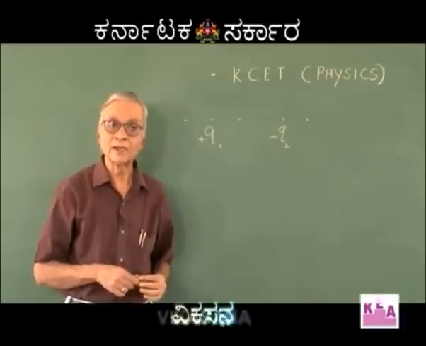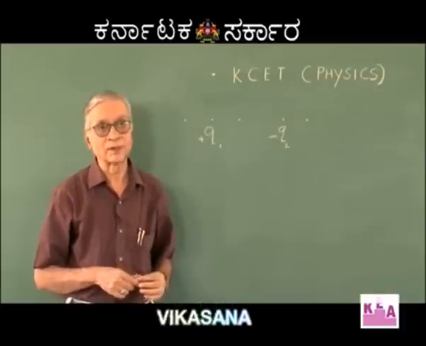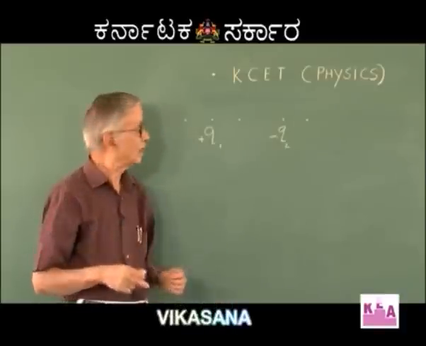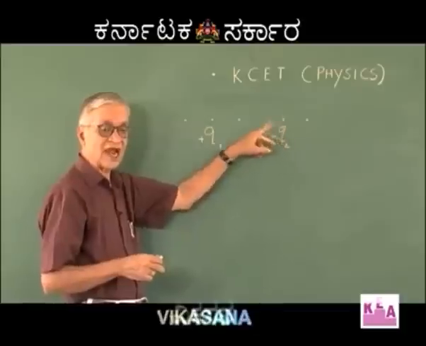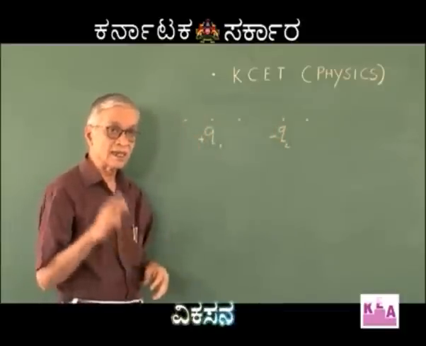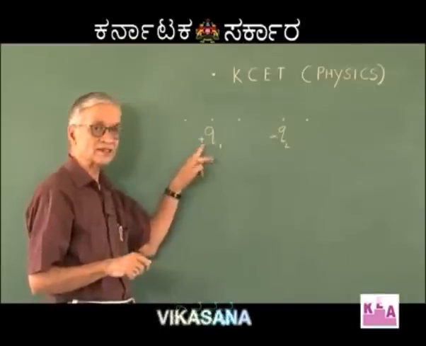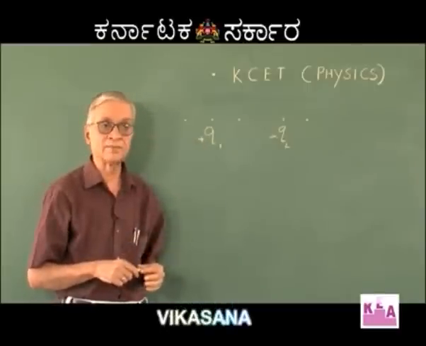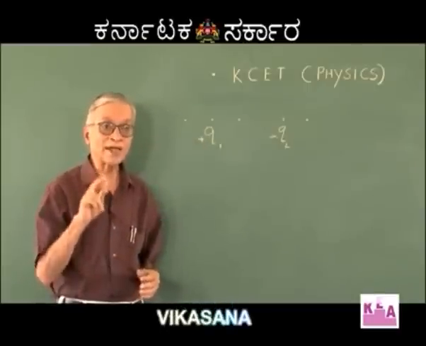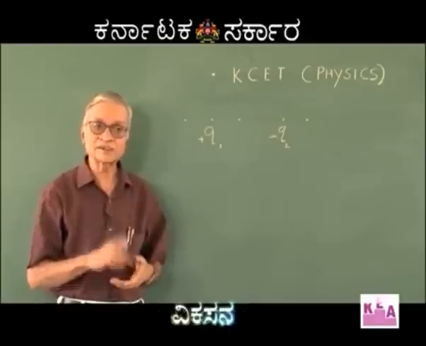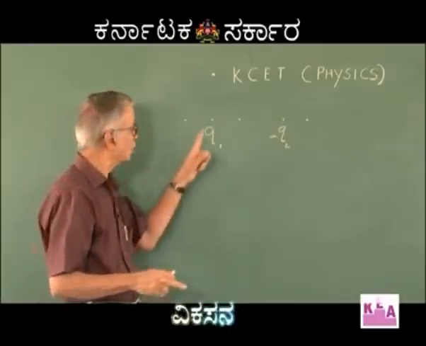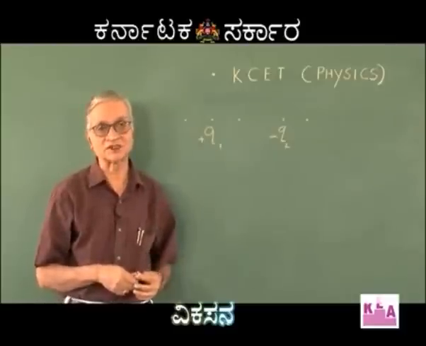Remember, both are not possible. Electric intensity due to a larger charge at a greater distance can be equal to the electric intensity due to a smaller charge at a lesser distance. Hence, the point of zero intensity must necessarily be closer to the smaller charge.